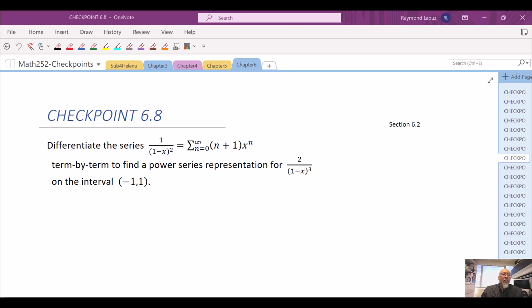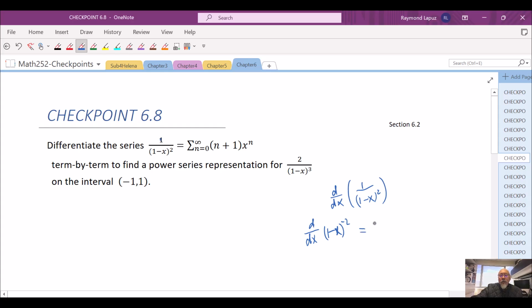So let's verify that. I guess it's always good to check to make sure that that's actually true, that if we take the d/dx of this function that we have up here, that's 1 over (1 minus x) squared. I would probably want to write that as (1 minus x) to the negative 2 power.